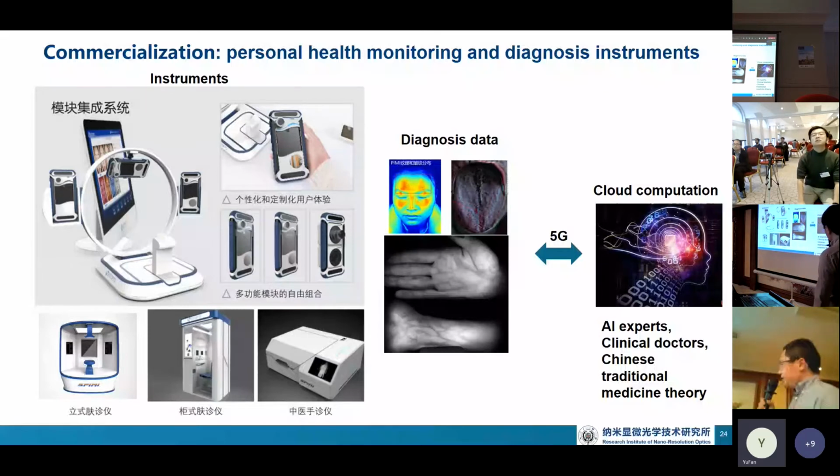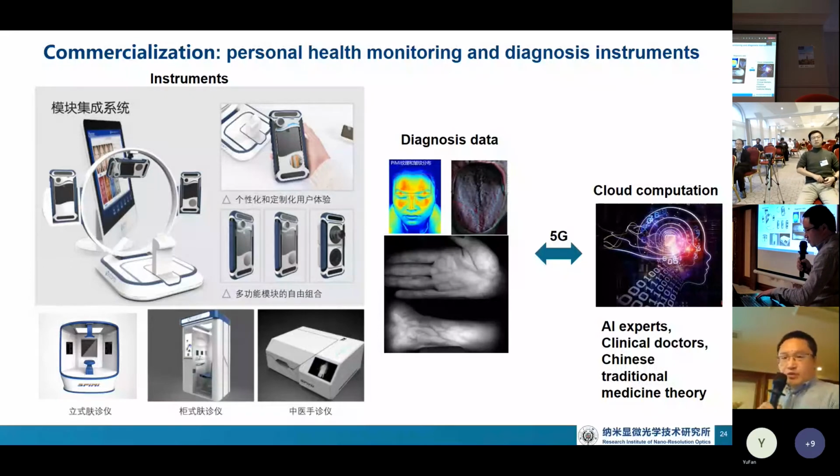Cloud computation is supported by AI and also by our collaborators, clinic doctors, and is also based on Chinese traditional medicine theory to make personalized diagnosis.